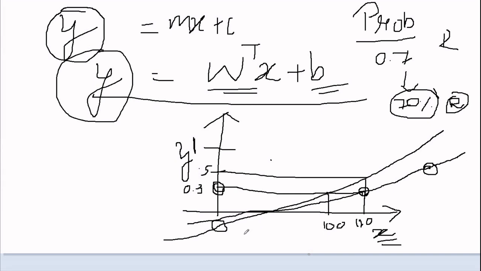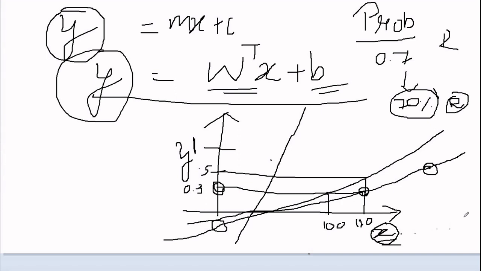Again, if the point lies somewhere here, the best fit line again has to move. So there are a number of best fit lines we'll be making in order to classify some points, right? So this is clearly not gonna work. Another thing, as I said, x can take a value from minus infinity to plus infinity.